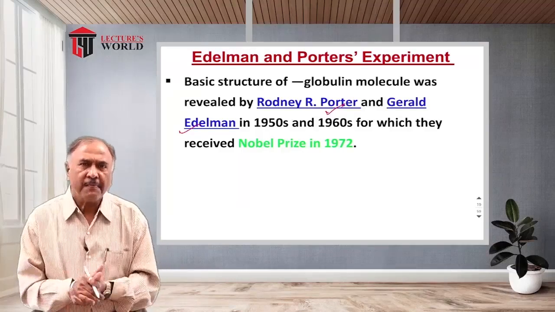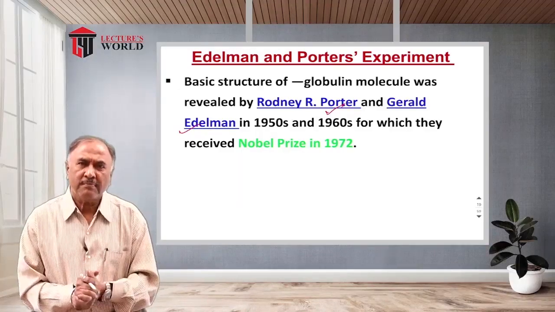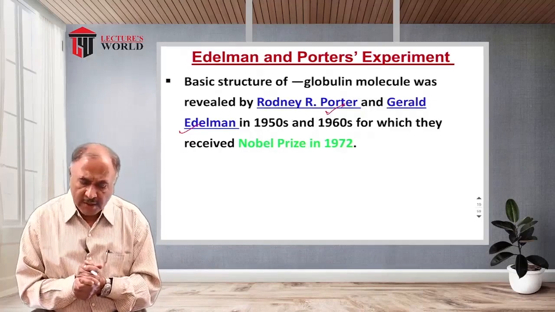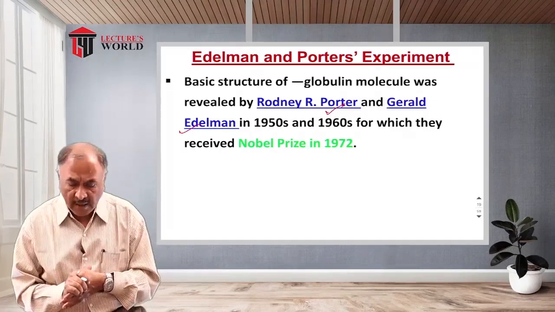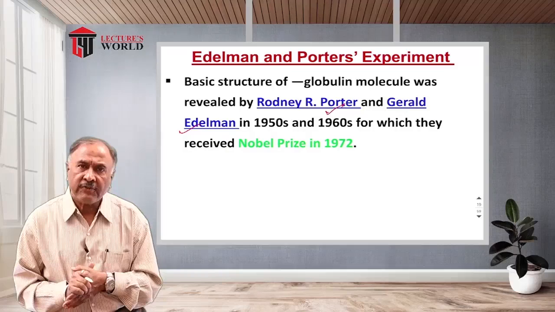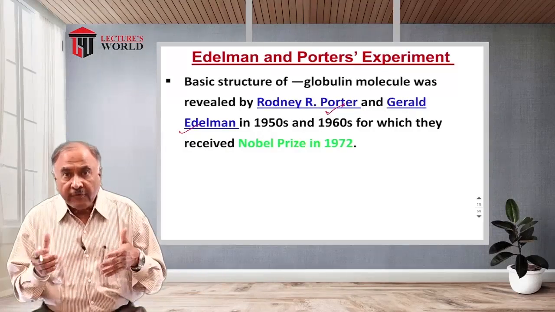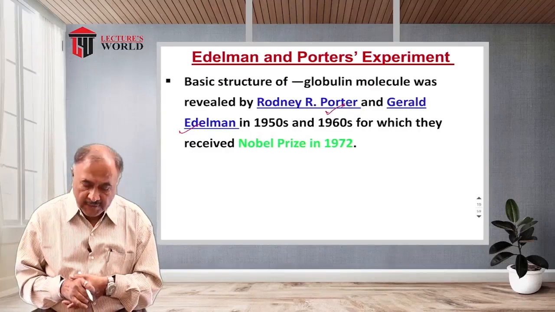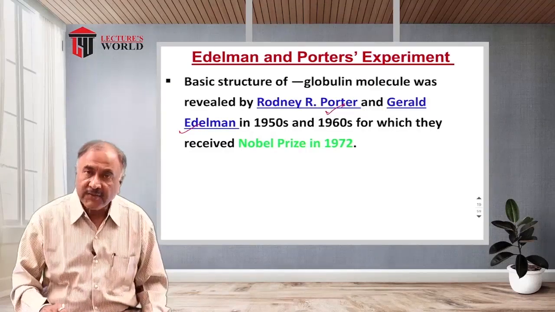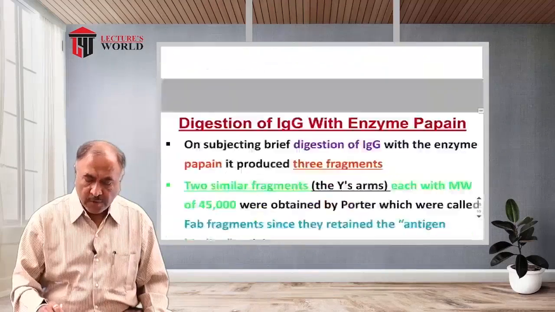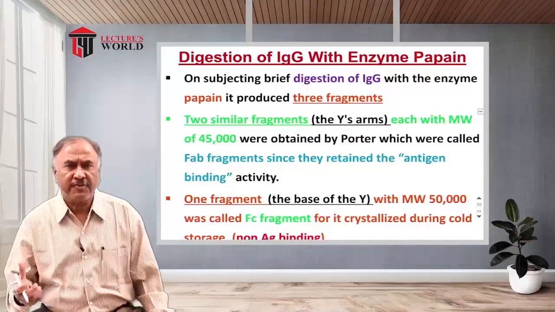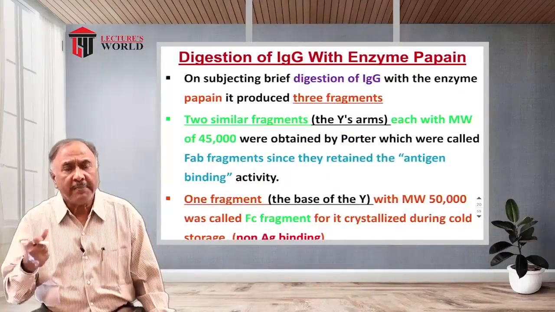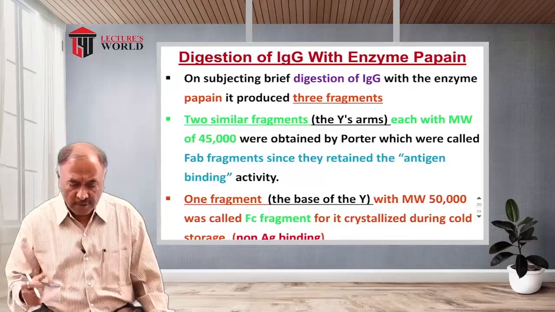All these things and much more were studied in detail by Porter and Edelman between 1950 and 60, and for this they were awarded the Nobel Prize in the year 1972, because this was one of the basic structures that played an important role in this molecule.